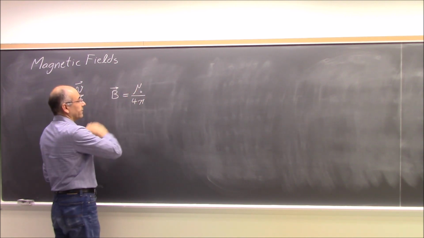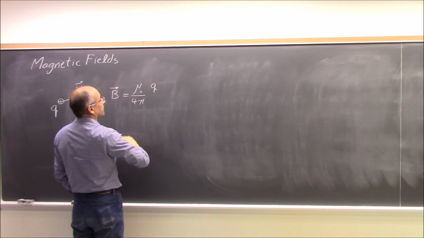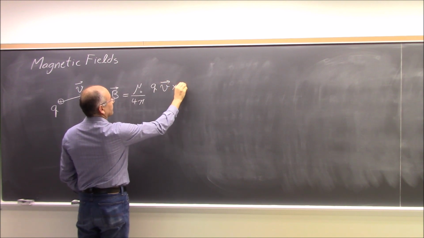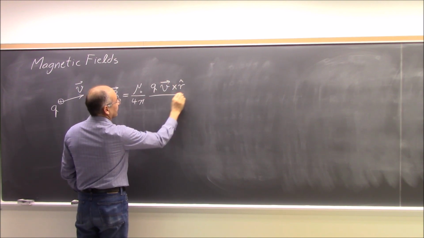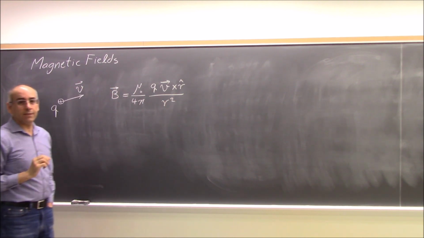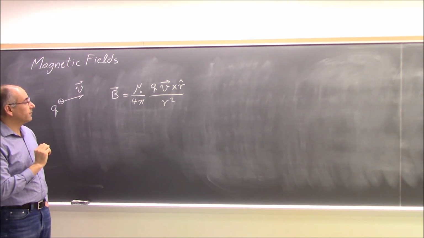I will introduce the constant later. The charge q times v cross r hat divided by r squared. r is the radial vector from the charge to any point.